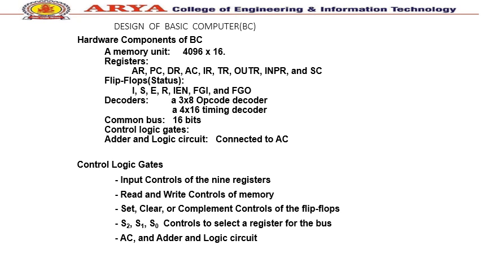There are control logic gates. Number one, input control of the nine registers, read and write control of memory, set, clear and complement control of the flip-flops. There are selection lines S0, S1, S2 that control the register selected for the bus. And last, there are the accumulator and the adder and logic circuit.